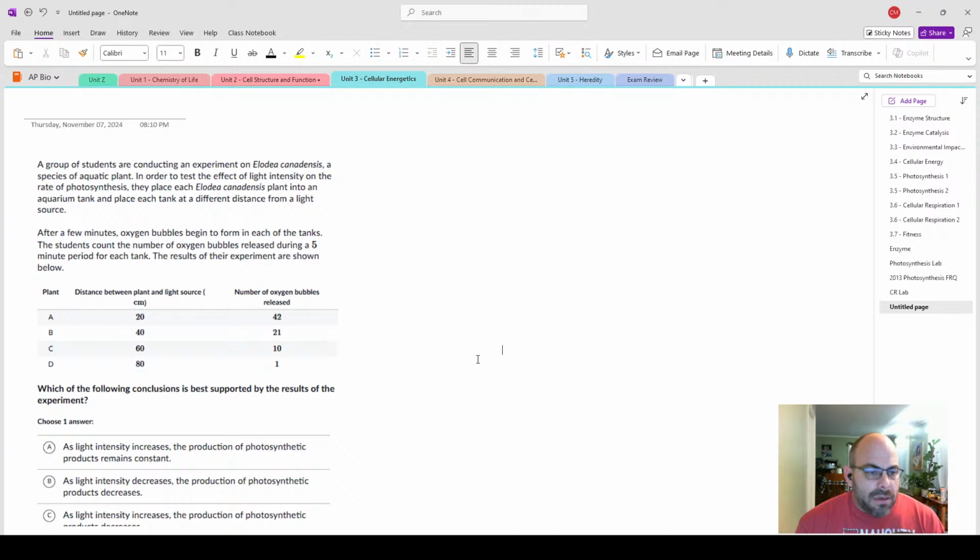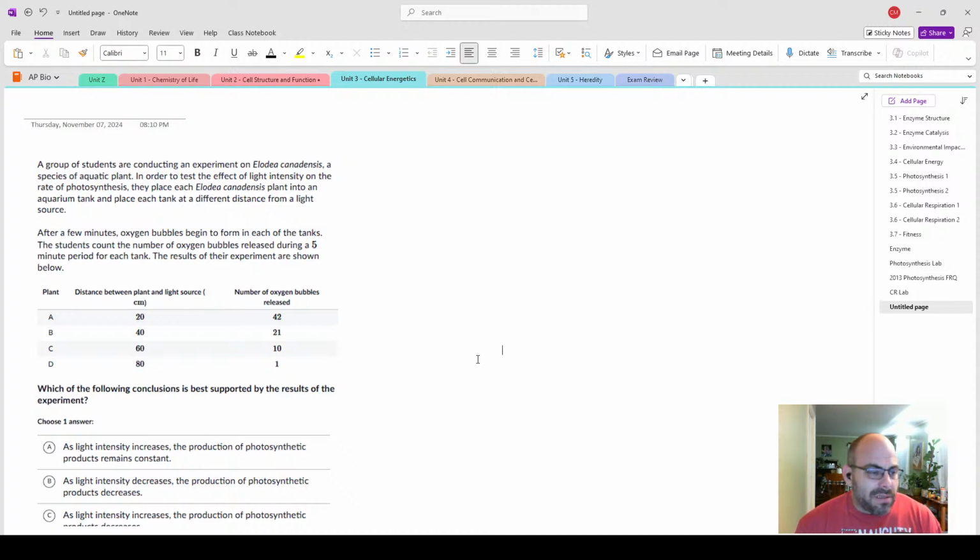All right. A group of students are conducting an experiment on Elodea canadensis, a species of aquatic plant, in order to test the effect of light intensity. So look, when I read that, I'm already thinking about what light intensity does to photosynthesis, right? They place the Elodea canadensis plant into an aquarium tank, place each tank at a different distance from the light source.